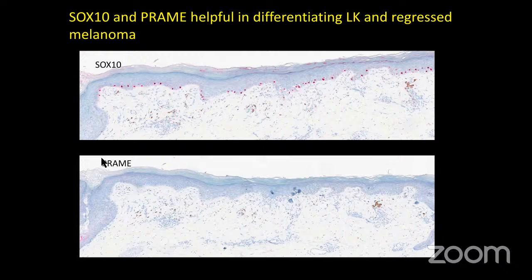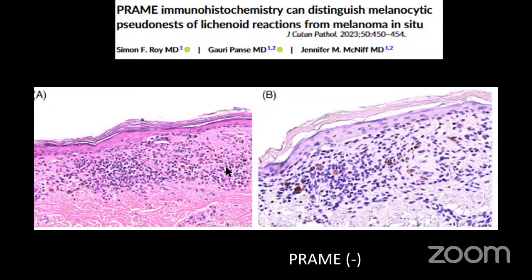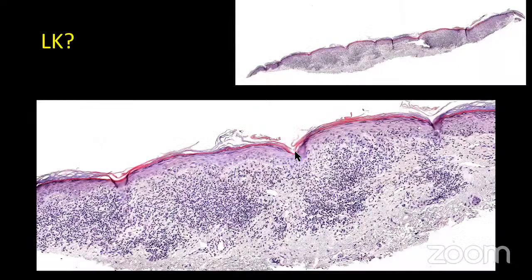Even though sometimes people don't like PRAME because it's nonspecific, it is helpful when it's completely negative to help support calling it benign. In fact, Dr. McNiff and colleagues showed that PRAME was helpful in defining this as a benign process. It's real melanocytes, but sort of a pseudo theque or pseudo nest, in the melanocytic pseudonests that you see in the lichenoid tissue reaction. So that can be helpful.